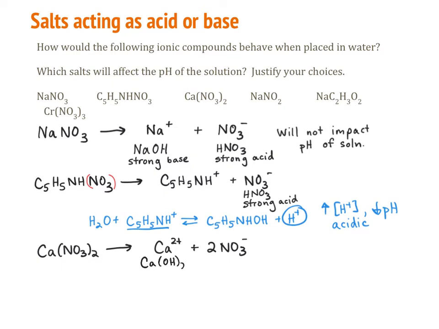So I have to think, well, is calcium hydroxide on my list of strong bases? It is a strong base, so it will not form. Therefore, calcium nitrate will not impact the pH of the solution. So this would be a neutral solution.